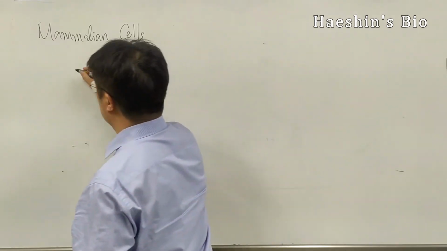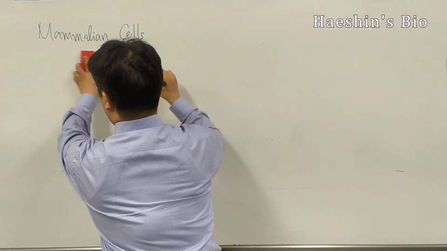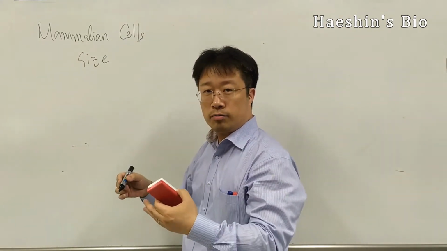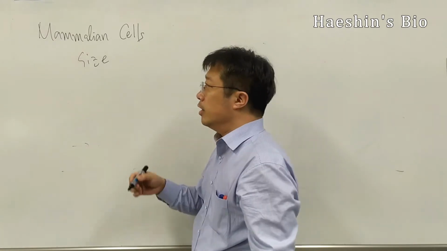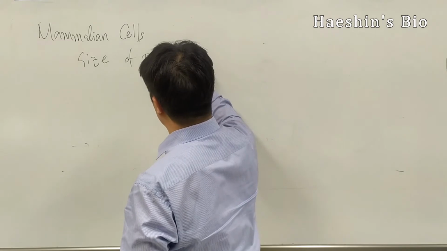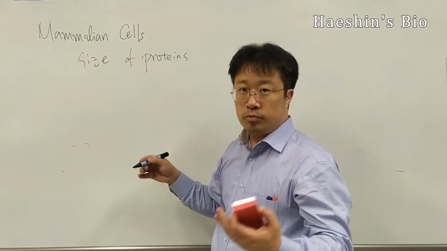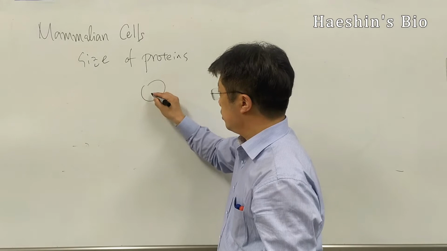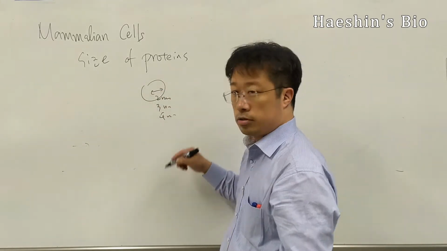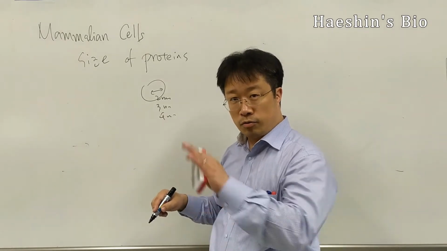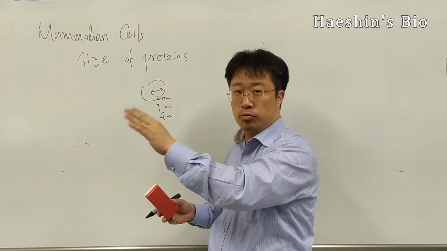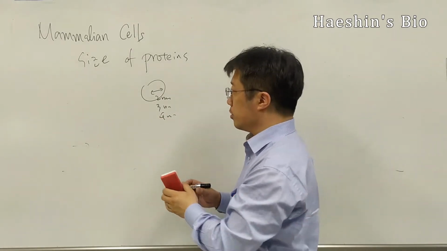Now remember the size of the protein. That's why we began this class by teaching you about the size of macromolecules, the size of protein. It's about, say, 2 nanometers, 3 nanometers, 4 nanometers, something like this. If you don't know it, then you have to go back to the macromolecular size classes, part 1, part 2, which are very, very important.